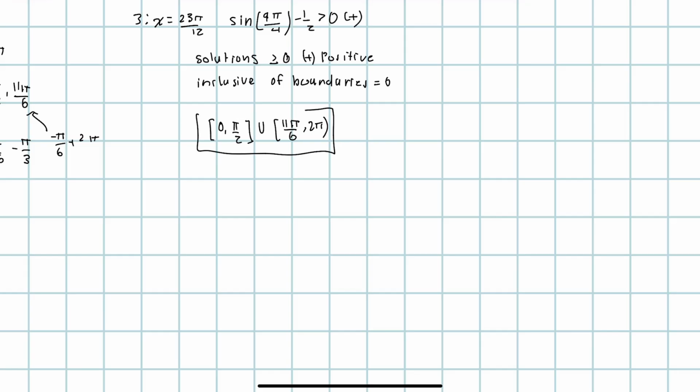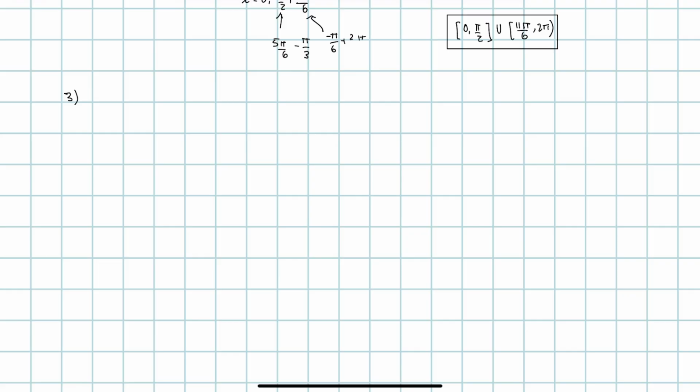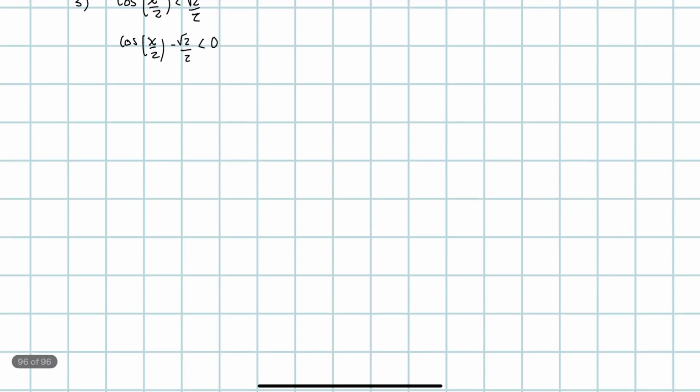So now we can move on to our third question, which is going to be 3. Cosine of x over 2 is less than root 2 over 2. So now isolate this by getting cosine of x over 2 minus root 2 over 2 is less than 0. Now we're going to let f of x equal cosine of x divided by 2 minus root 2 over 2.